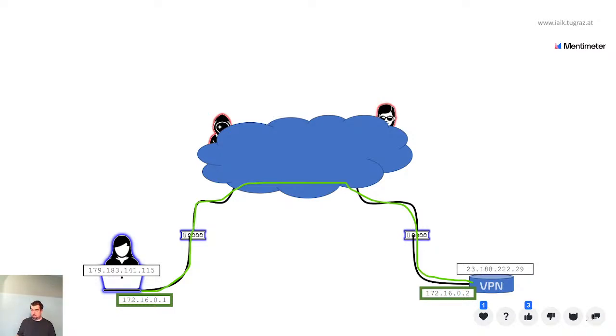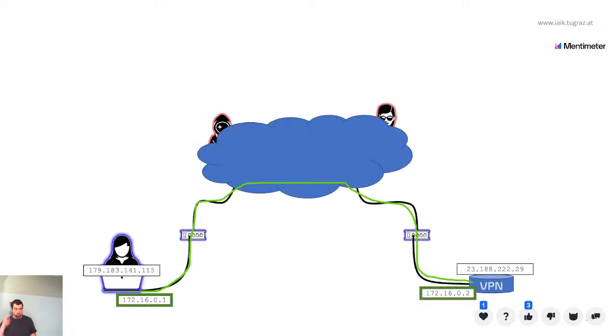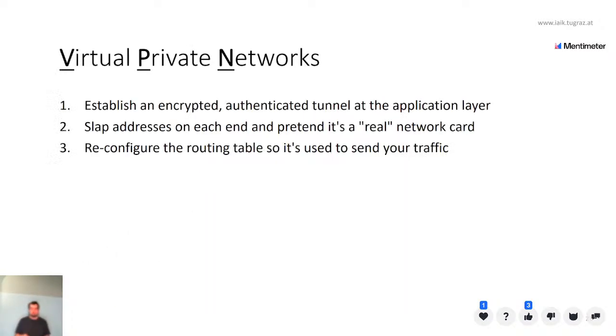We now have a new connection. And what is the next step? Well, we reconfigure the routing table. You will remember the routing table is the thing that your device uses at the network layer to figure out which way to send data, which way is the internet, so to speak. We reconfigure the routing table so that instead of using your normal internet connection, you're now using this new pretend network card to send data.